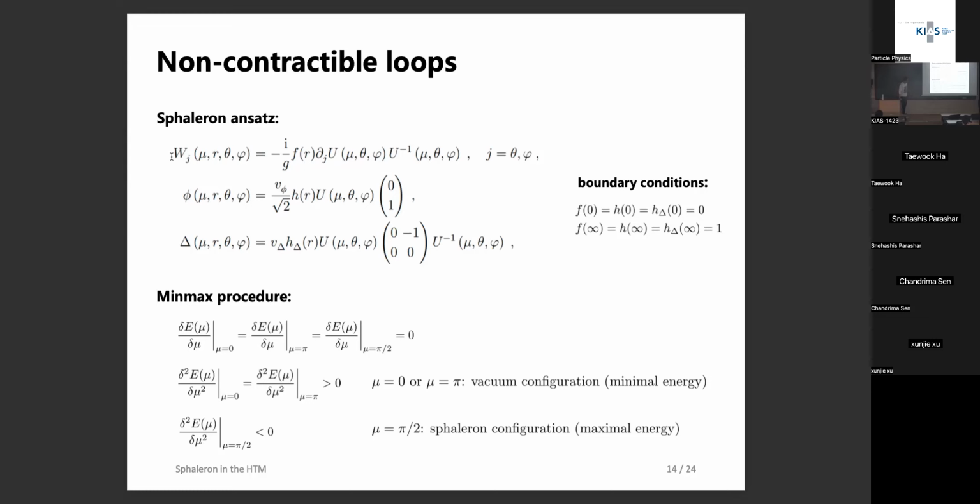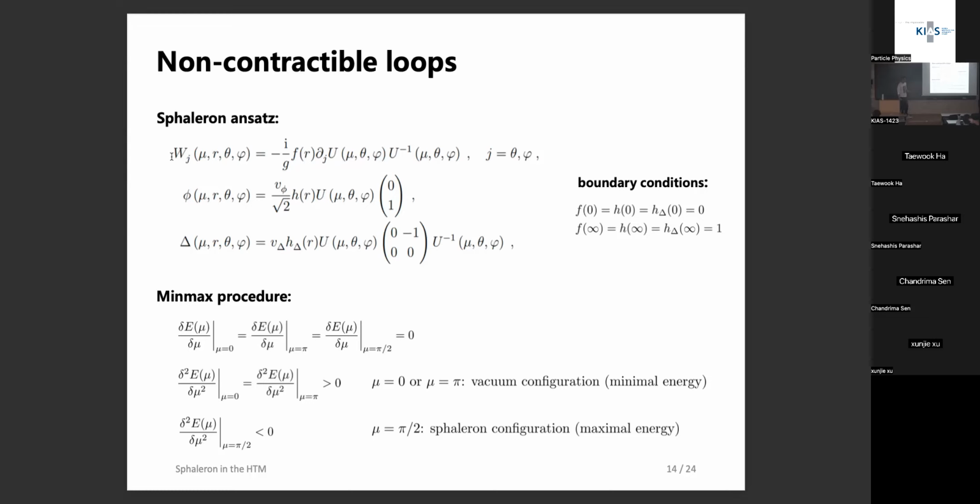While when mu equals pi over 2, the second derivative is always negative, which means the energy is a local maximum in the loop. So this corresponds to the Sphaleron configuration, what we are looking for.